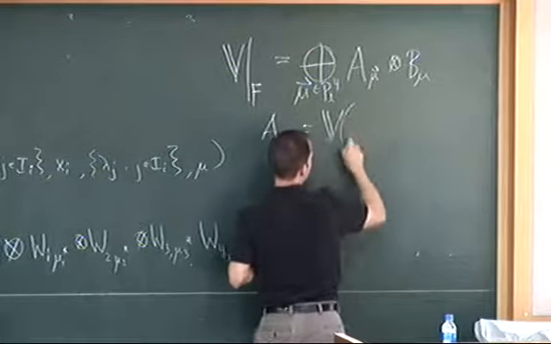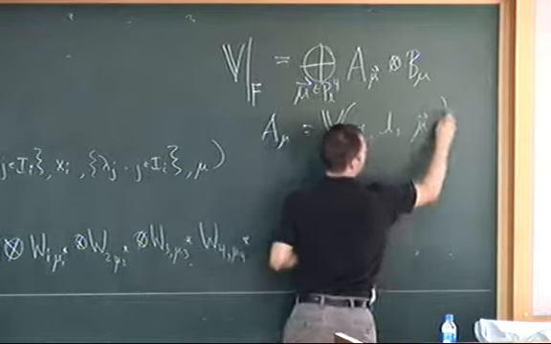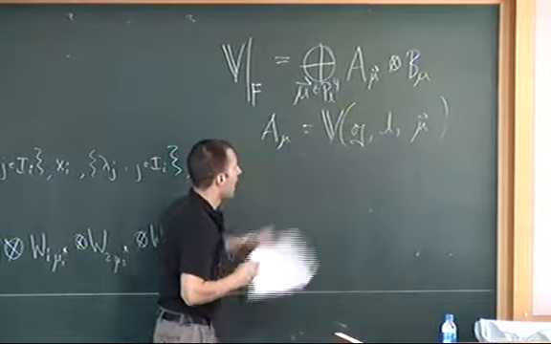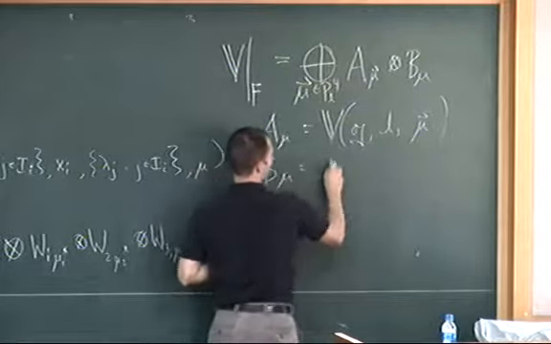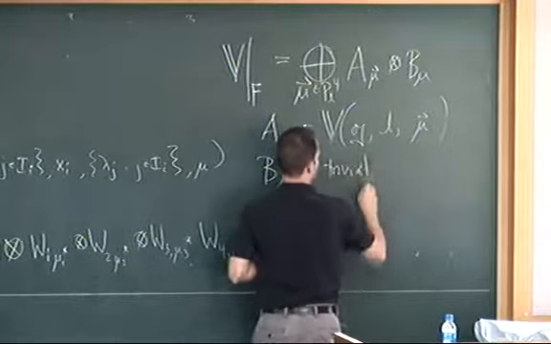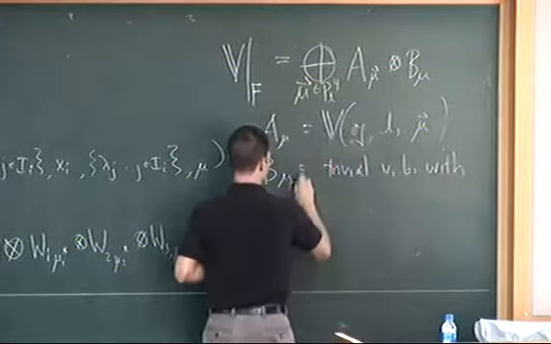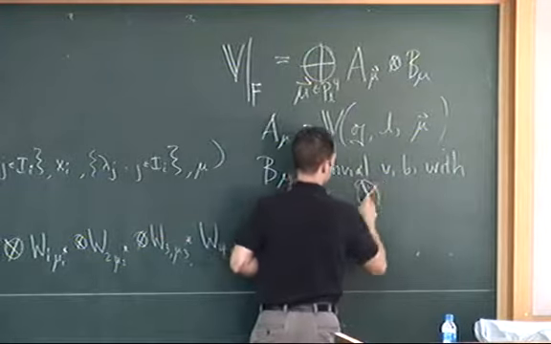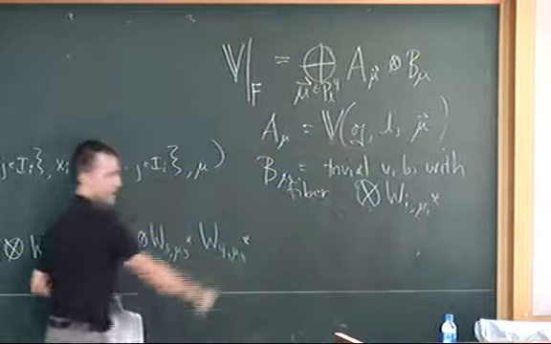So again, it's V, G, L, 4 weights. And B mu is a trivial vector bundle with fiber given by this fixed tensor product.